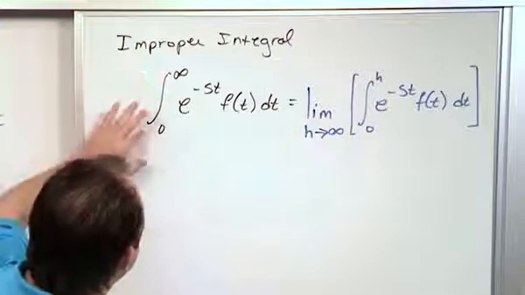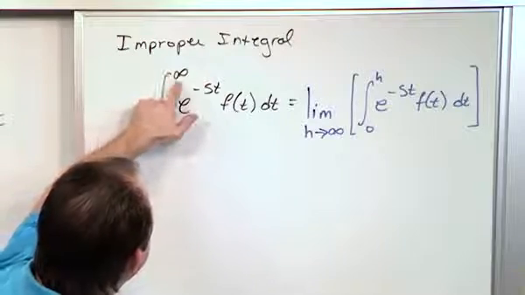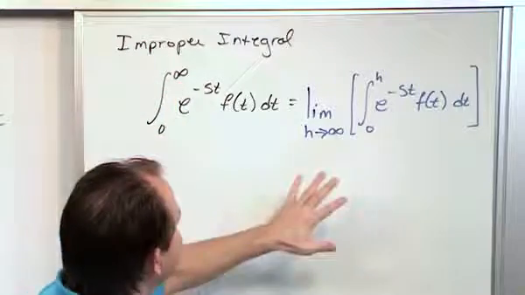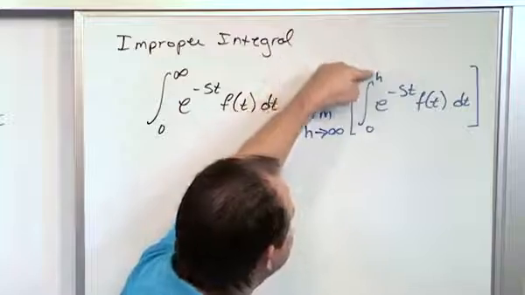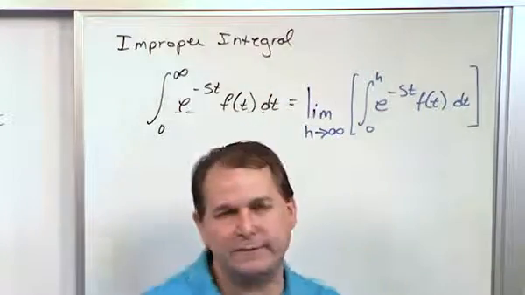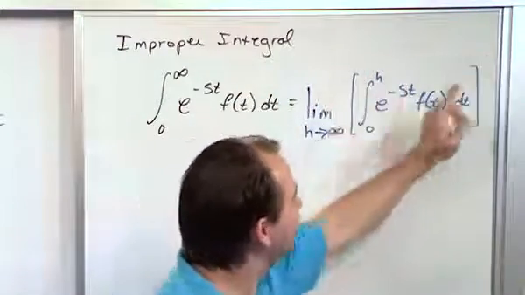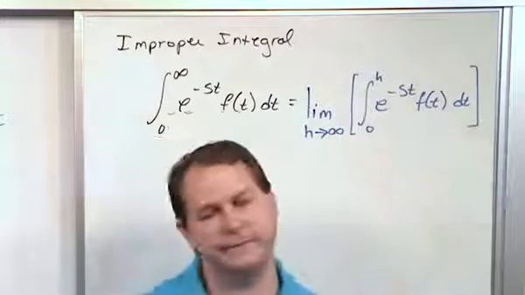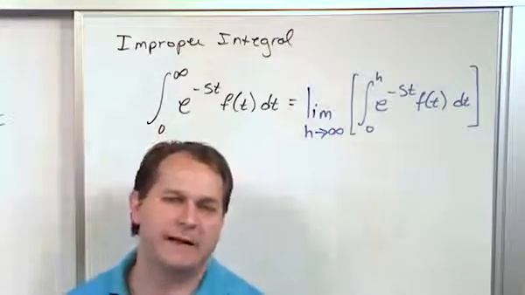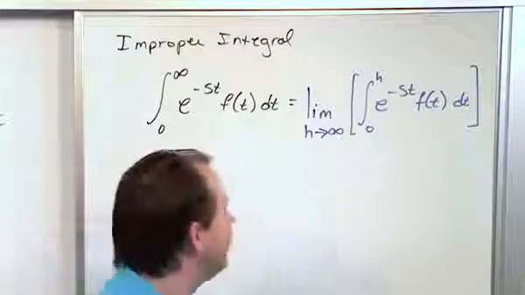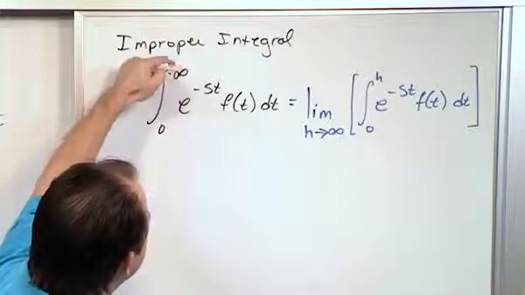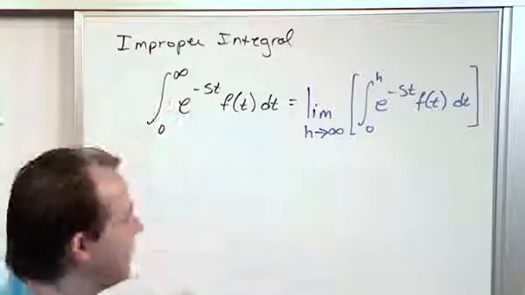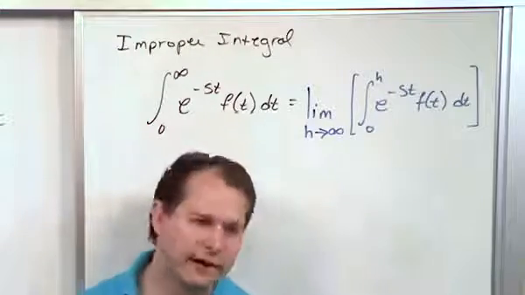When you see an integral like this with one of the limits of integration is an infinity, then what you're really doing is you're taking the integral and you pretend that this top number is just some variable. You calculate the integral and then you take the limit as h goes to infinity. That's how you would write it mathematically. But in practice, what you really do is you evaluate the integral, you plug infinity in one limit and 0 in the other limit, and then you know how to evaluate infinities.